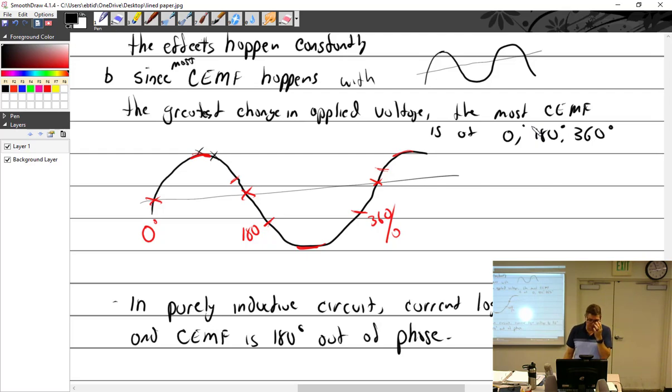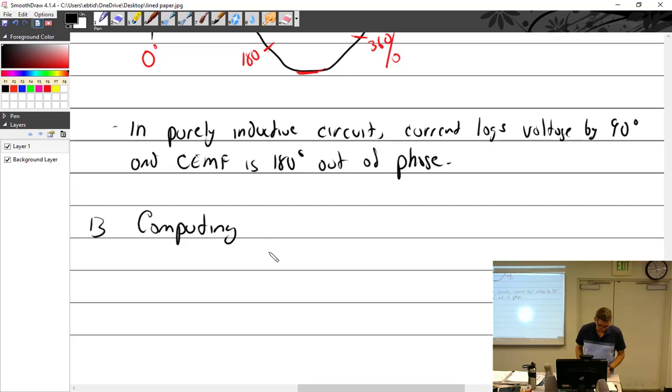And the whole point behind that is to realize that the greatest change is not at the peaks or the valleys, because there really isn't much change per time there. The greatest change per time happens as it's going through 0, which is going to become something that's going to be very important at some point.